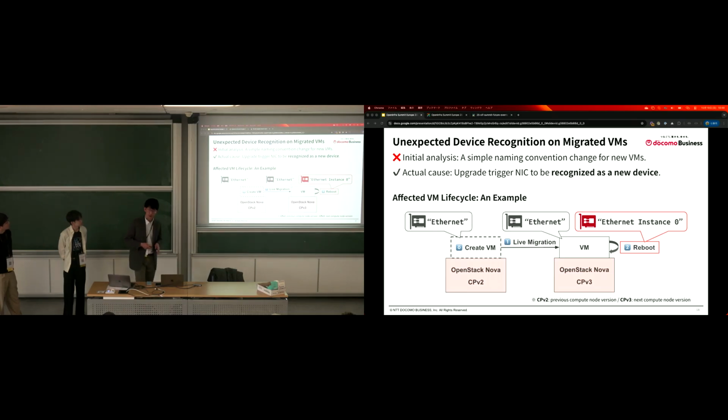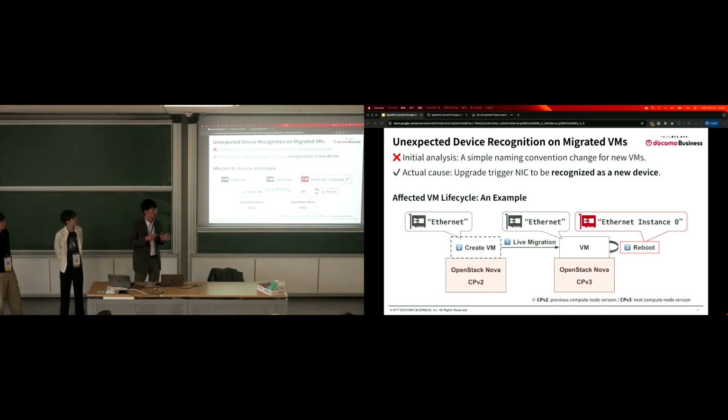And further investigation revealed a more serious problem. Consider a scenario like this. As part of the upgrade operation, a VM is created on the old platform and is migrated to the new platform. At this point, the nickname is still Ethernet.